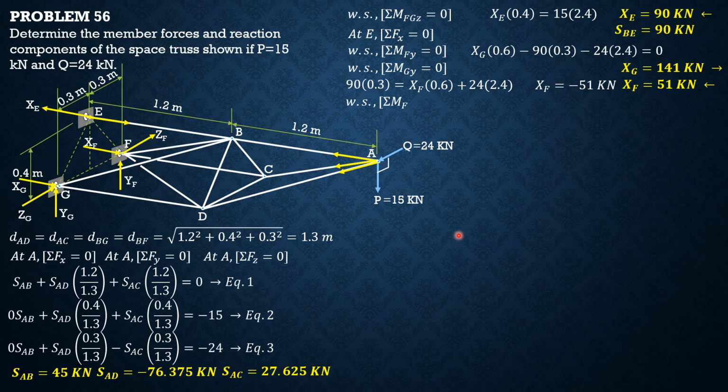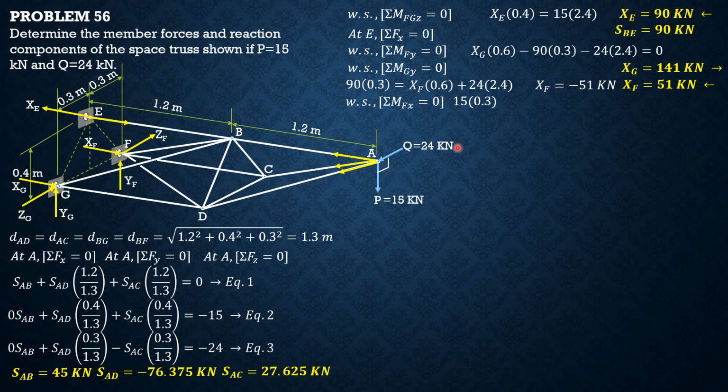So we proceed to the whole system, then summation moment about FX equals 0. The main purpose of that is to solve for YG. So by right thumb rule, positive moment should be in that sense. So 15 is positive, 24 is positive, YG is negative.